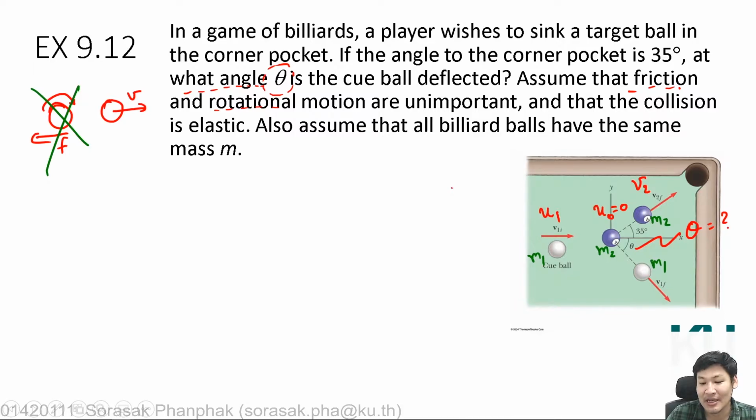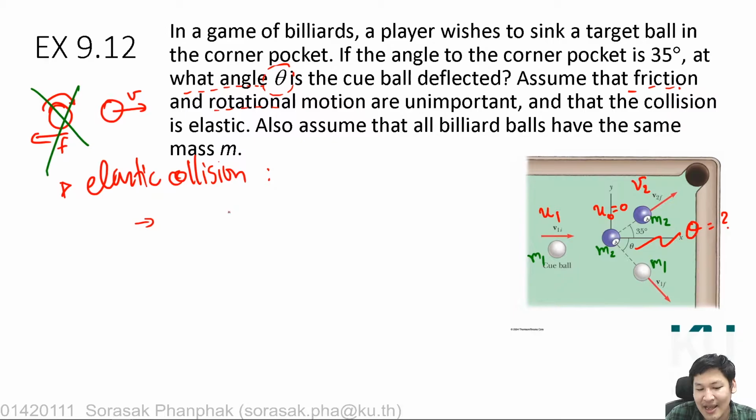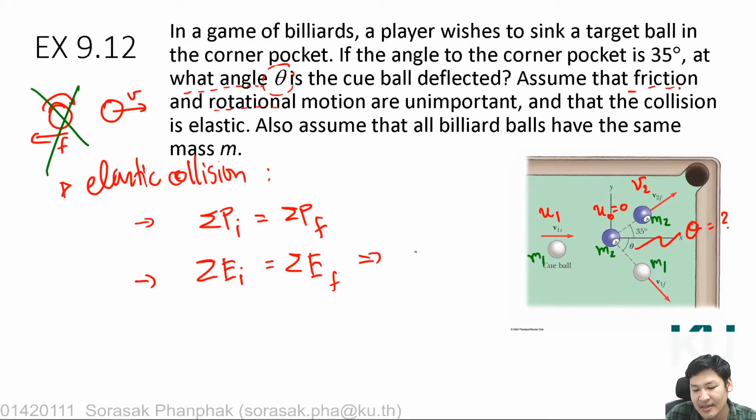In general, this is treated as an elastic collision, right? If you see the system of these two balls as an elastic collision, you can apply the conservation of momentum, and you can use the conservation of energy, where the energy is only the kinetic energy.